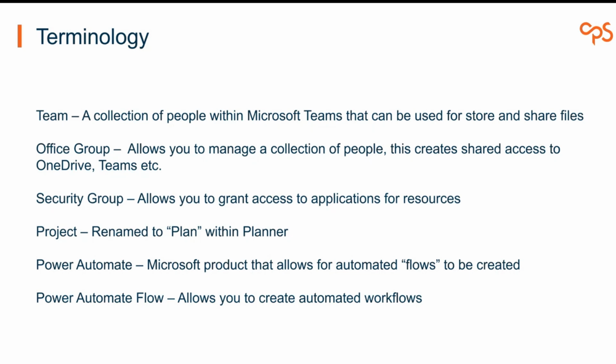A security group is slightly different, but essentially within Active Directory, which is now called Entra, you can have, similar to an Office group, a collection of people, but you can assign things like licenses, security roles, and permissions onto that group, and everyone who's added in gets given a license or a security role. They are slightly different. So just think of a security group more for permissions and an Office group more for things like Teams and SharePoint.